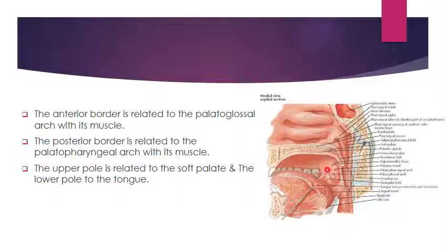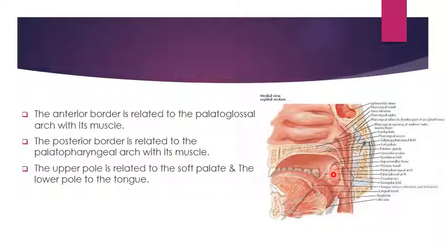Here is the palatoglossal arch and here is the palatopharyngeal arch. Between these two arches there is the tonsillar fossa or tonsillar sinus which lodges the palatine tonsil. This one is the palatine tonsil.